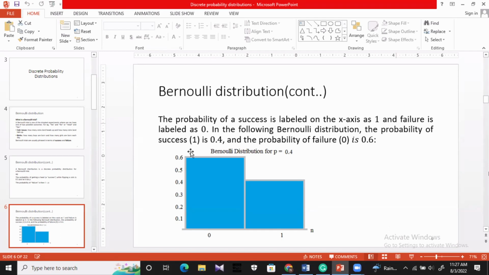You can see that the y value corresponding to 1 is 0.4. That means the probability of success is 0.4. Then what would be the probability of failure? Definitely it should be 0.6, 1 minus 0.4.